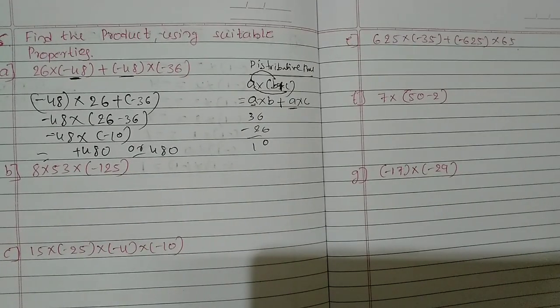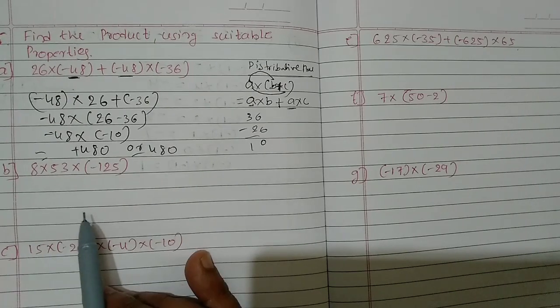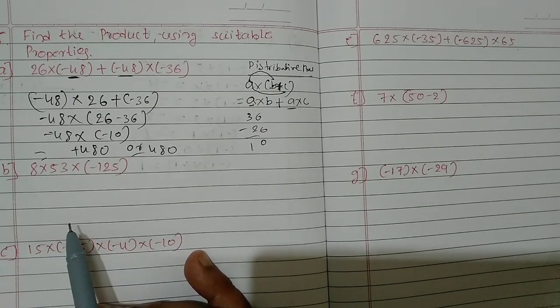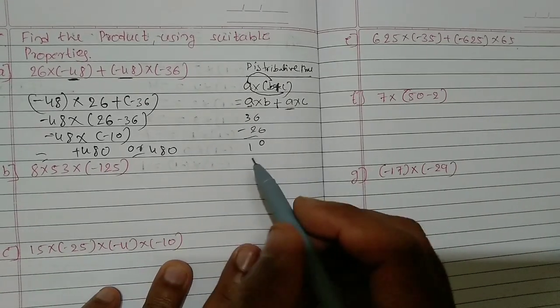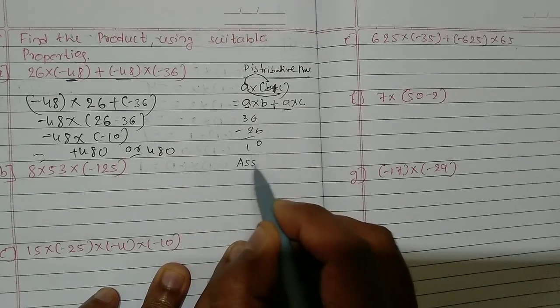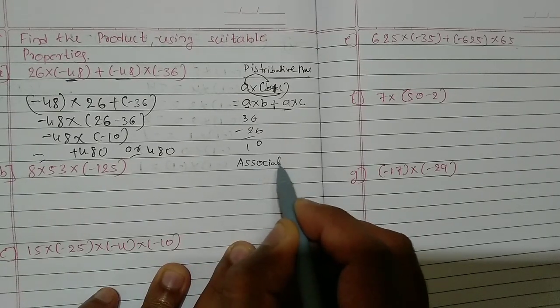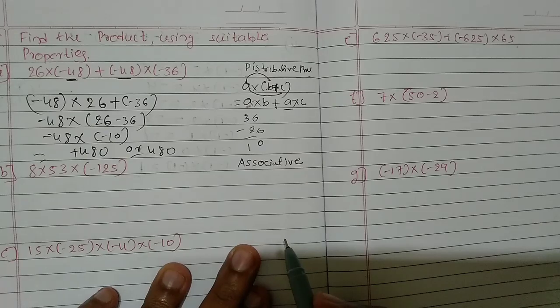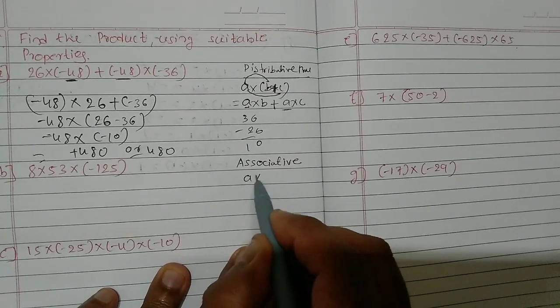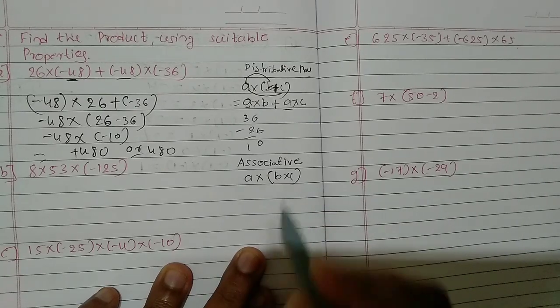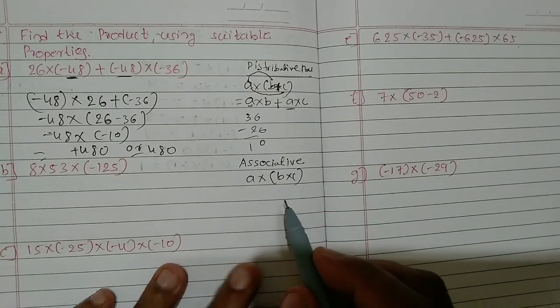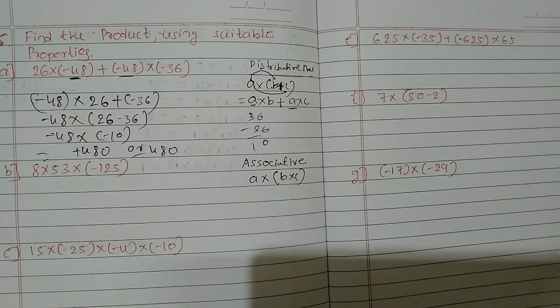In the next question, the second question, 8 into 53 into minus 125. This is under the associative property. You know already, A into B into C. Make any two numbers a group, then you can answer this easily.